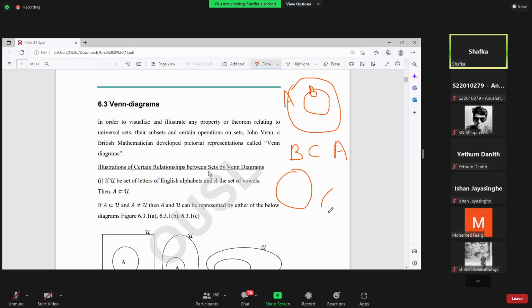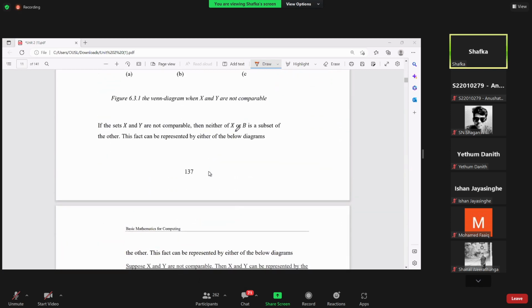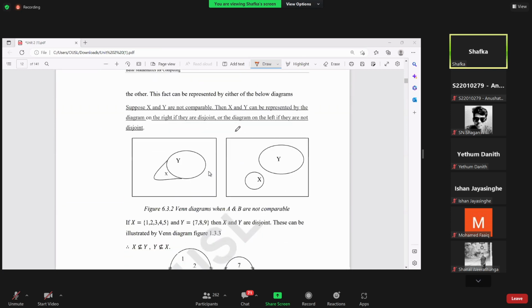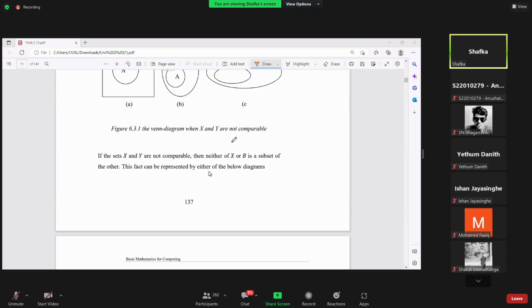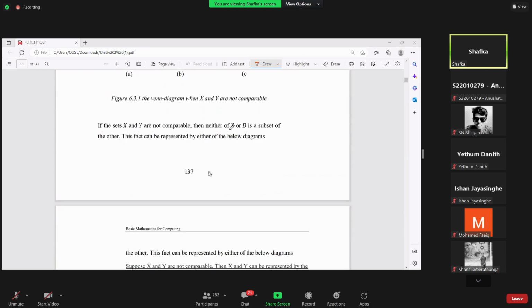What happens if you draw like this? Is it a subset, A and B? No. Remember this while you are drawing the Venn diagram. If there are two sets which are not comparable, then neither X nor Y is a subset of the other.